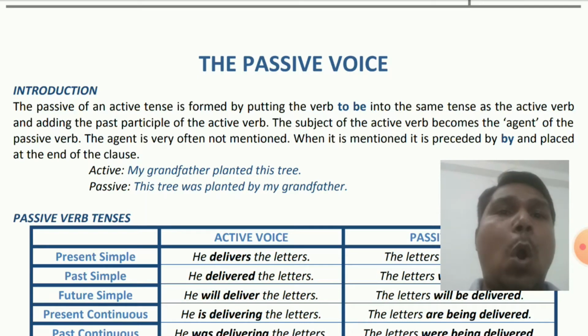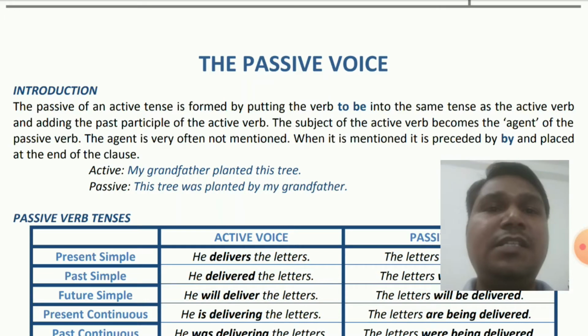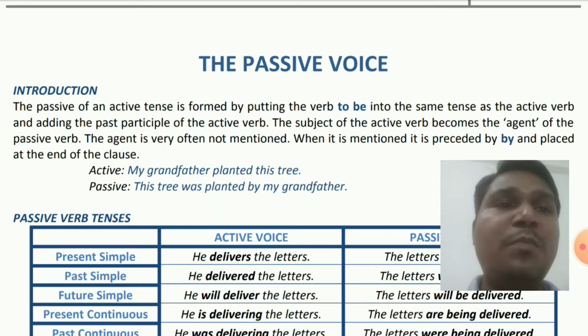The passive of an active tense is formed by putting the verb to be into the same tense as the active verb and adding the past participle of the active verb. It means when we are changing the sentence from active to passive, we have to use the to be form of the verb as well as the past participle to make active to passive.